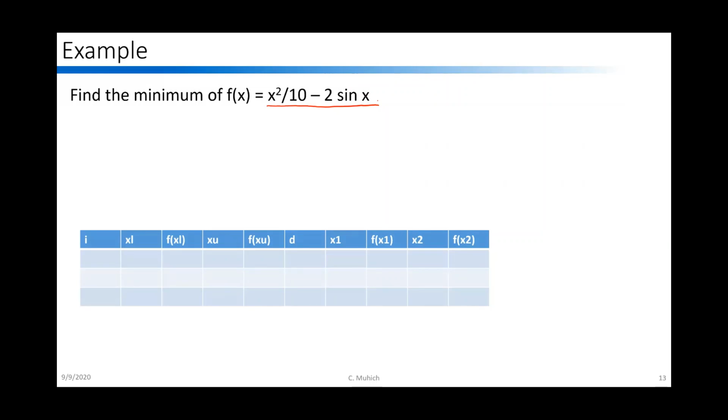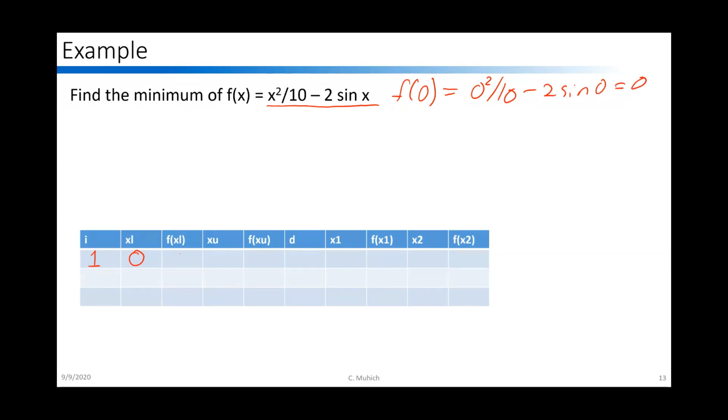So we need to start out by guessing a set of interior and exterior points. Let's say we start out with case 1. Maybe we don't know what that first point is, so we can guess 0. f of 0 gives me 0 squared divided by 10 minus 2 times sine of 0.